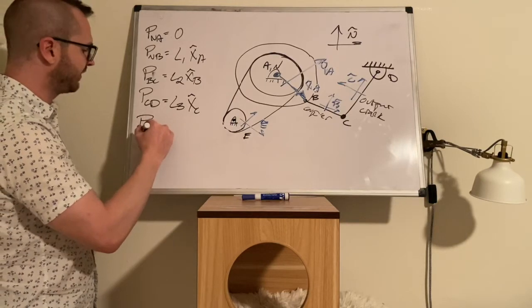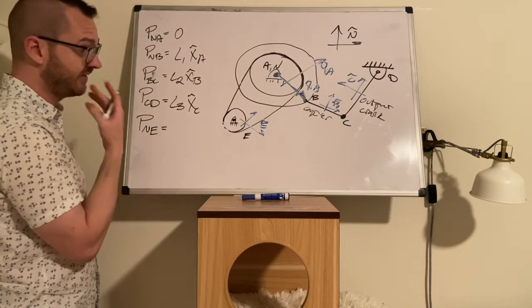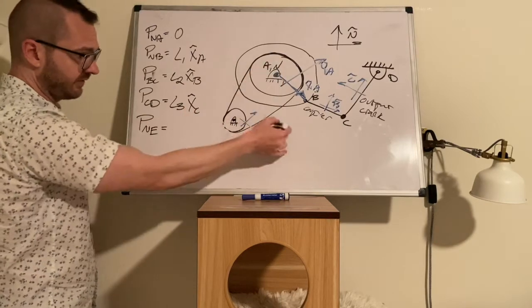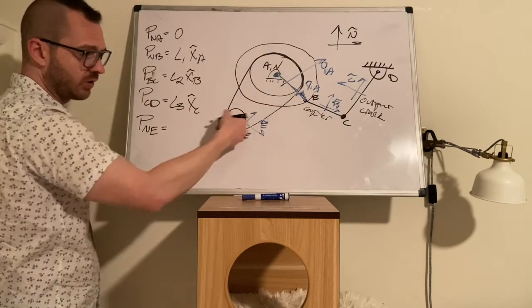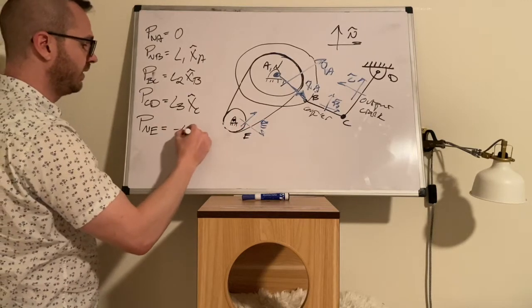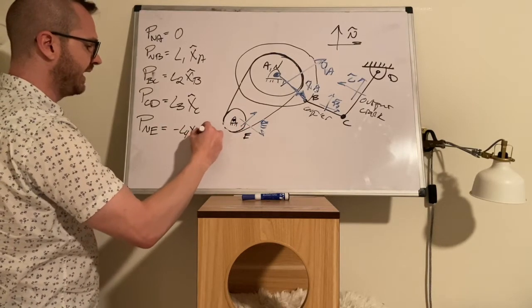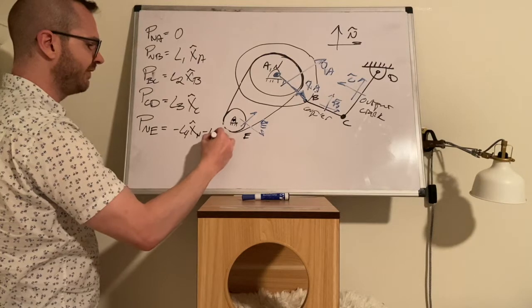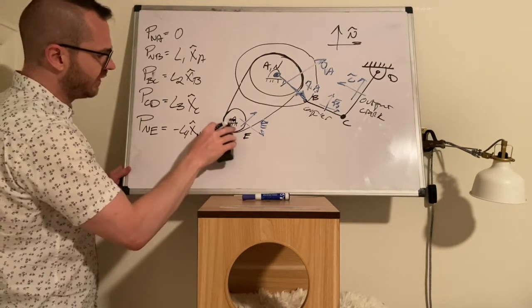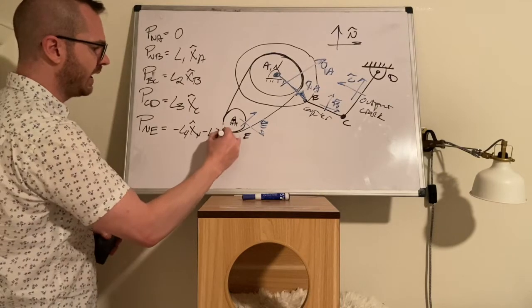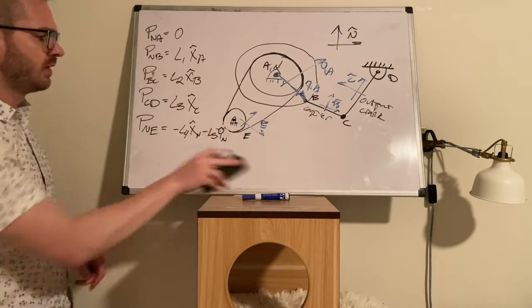You need to be able to track these things. So P_NE, it's not moving, so fixed offsets, we're going down and we're going left. So negative L4 x hat N minus L5 y hat N, there we are.